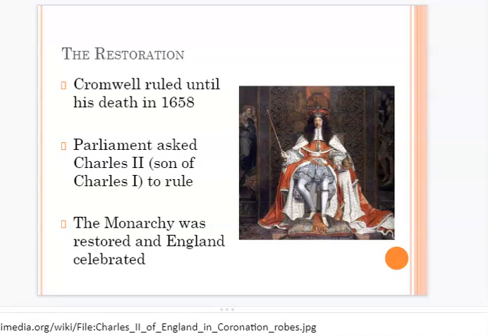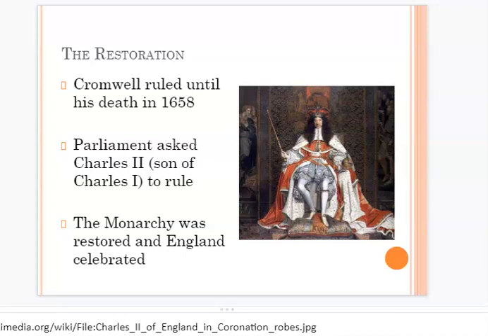We want to bring the king back. So Charles I's son is still alive. He is over in the mainland of Europe, France, and Parliament asks him to come back and rule. The period is called the Restoration, woohoo, and it is celebrated.